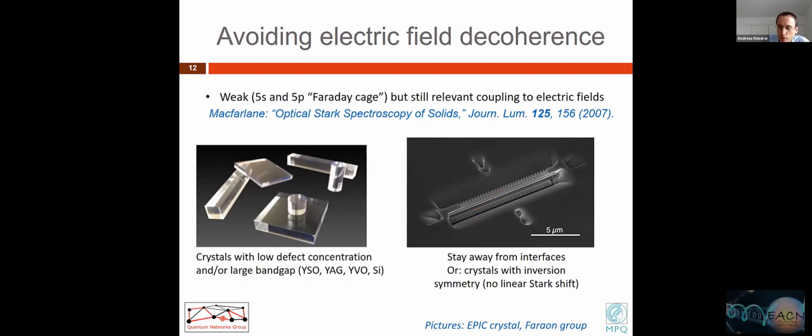If you have a crystal with inversion symmetry, then you have no coupling to first order to electric fields, so no linear Stark shift, again because of symmetry considerations. But of course, you may have a second order, quadratic Stark shift. So even in such crystals, you will be sensitive to charges at the interface that lead to spectral diffusion and potential decoherence.